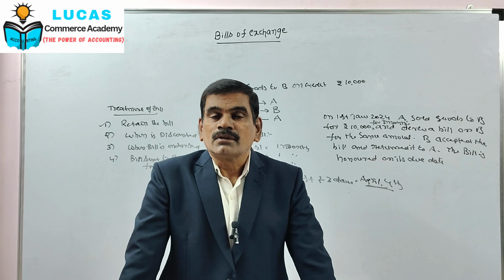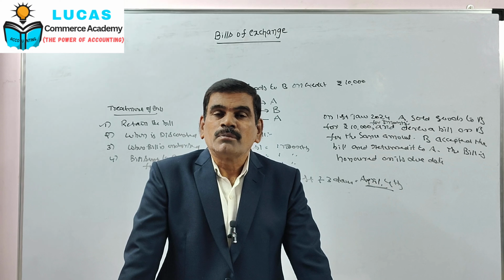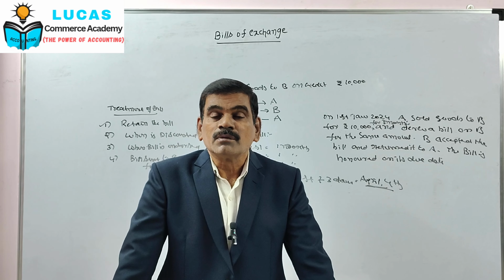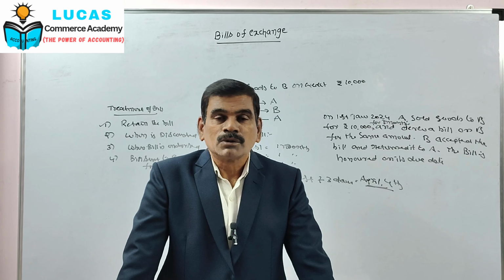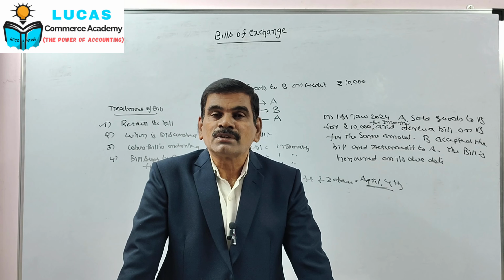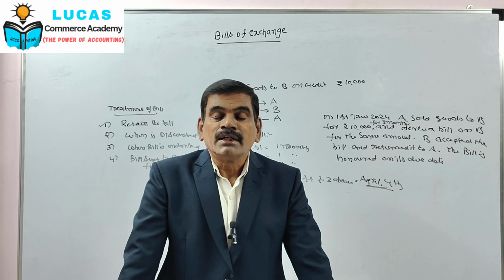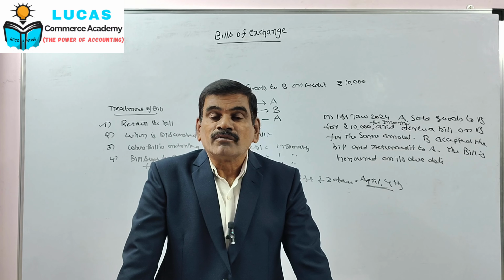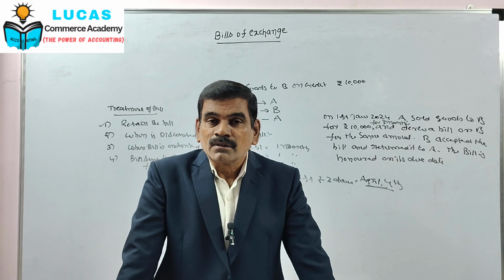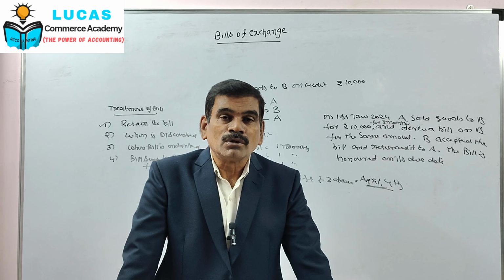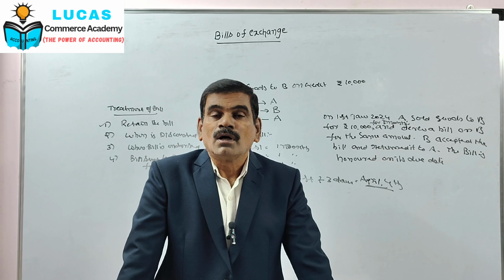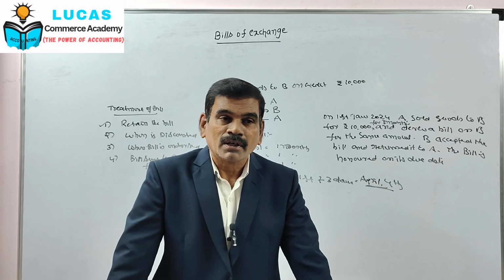Next, due date. Due date means the date on which the bill becomes due for payment. In our example, due date equals April 1st plus 3 days, equals April 4th. These 3 days are known as days of grace. We are allowing these 3 days to drawee to arrange the funds.